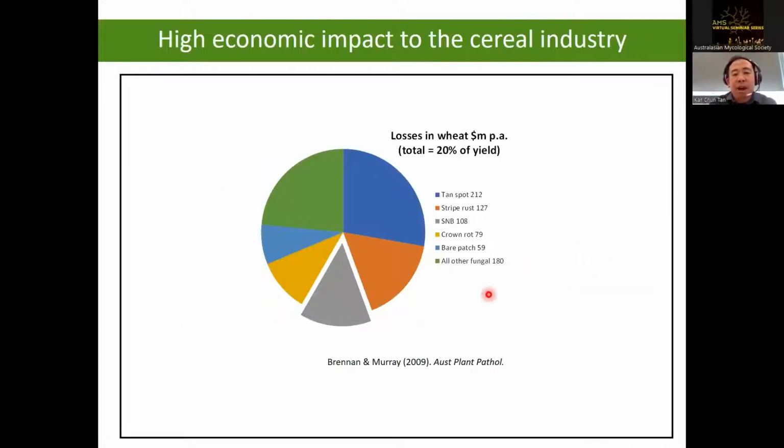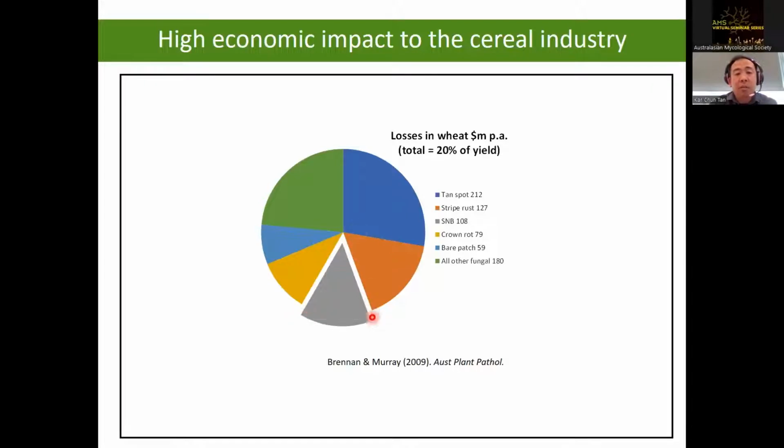Now, these are some of the economic figures that I pulled out from this study, which was published quite a number of years ago. Here, Septoria nodorum blotch itself takes up a big pie of this economic loss in wheat per year.